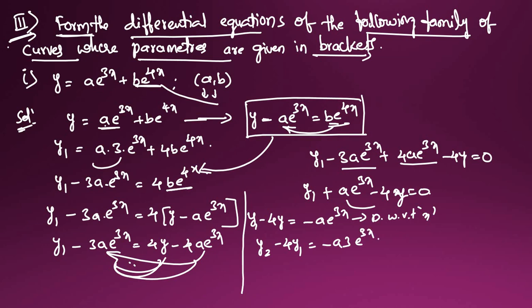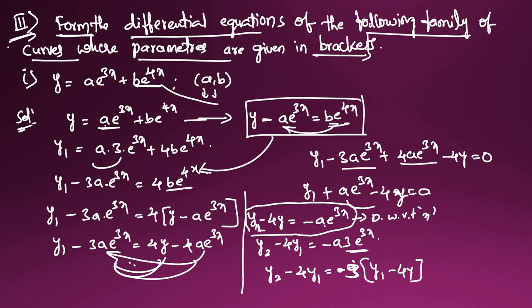From this, a into e power of 3x is equal to how much? It is y1 minus 4y, no? So I will substitute in this place. y2 minus 4y1 is equal to minus 3 into a into e power of 3x, which is equal to minus 3 into y1 minus 4y.